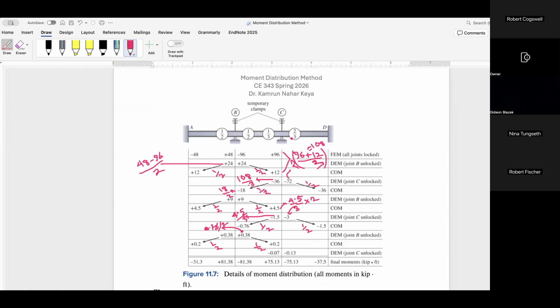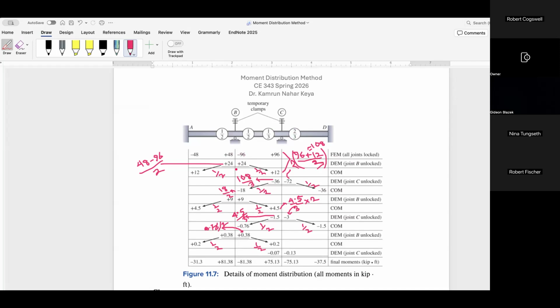So I wrote those things. Also, FEM we just get from the calculation we just did, write those things, and here they didn't write anything, that means it's 0. So if you are getting confused, instead of leaving it blank, you can write 0, whatever you prefer.